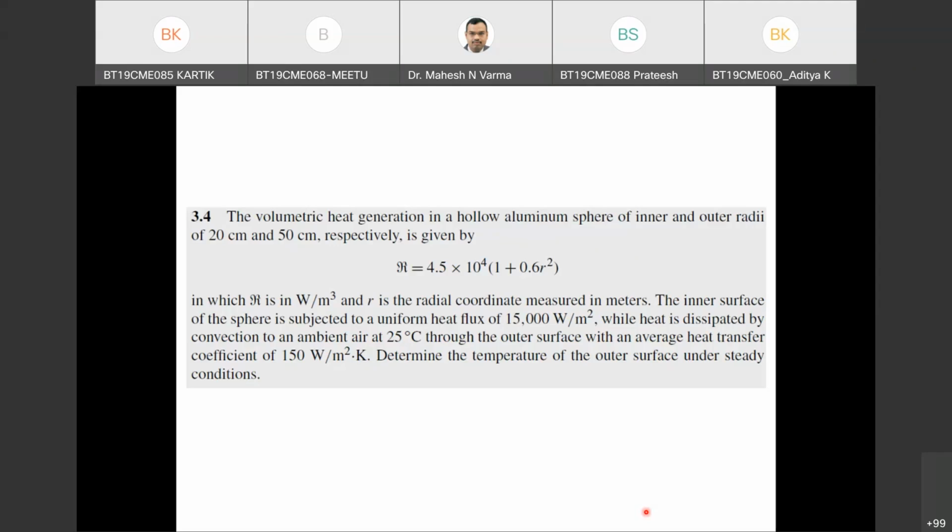But I want the total heat generation between 0.2 meter and 0.5 meter. So it is not heat generation at 0.5, it is heat generation between 0.2 and 0.5 meter. Okay, sir.